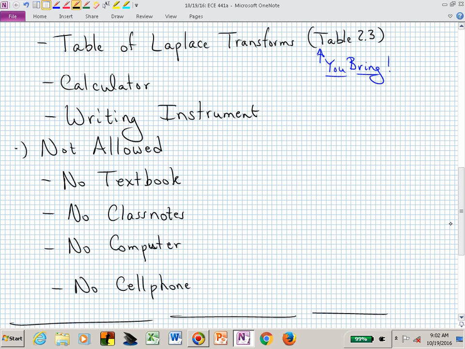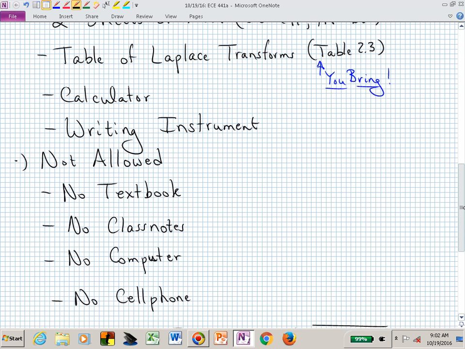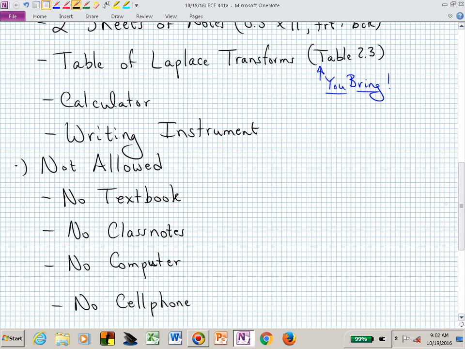What's not allowed are the obvious: textbooks, class notes, computer, cell phone, and neighbor. I didn't put that in there, but I should make that clear. Questions on exam number 2 process? And you have examples to look at on D2L to get you up to speed on what you might be expected to do on Friday in exam number 2.